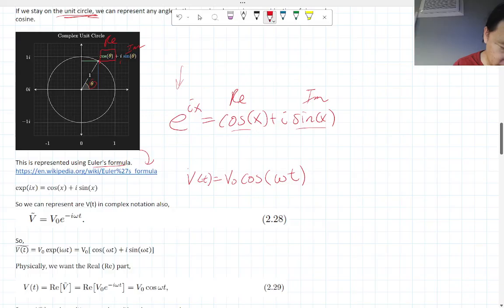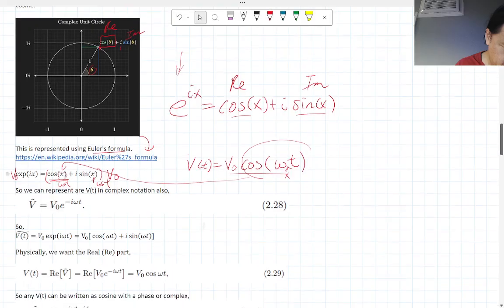Since this is cosine x, basically x becomes omega t. Using Euler's formula, we're going to insert this cosine omega t into here. So since x is omega t, the sine also has to be omega t. We're going to have some amplitude in front of this. We call it V naught.